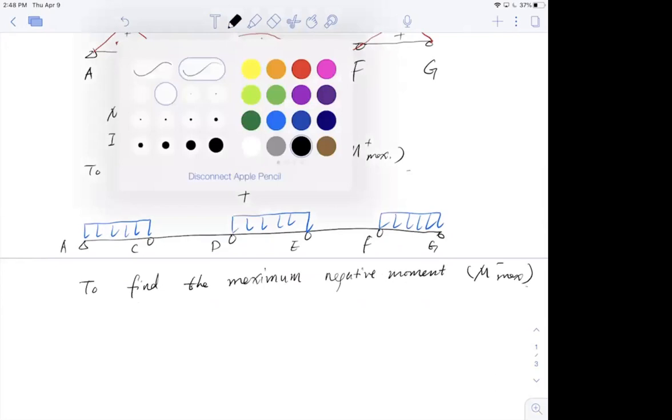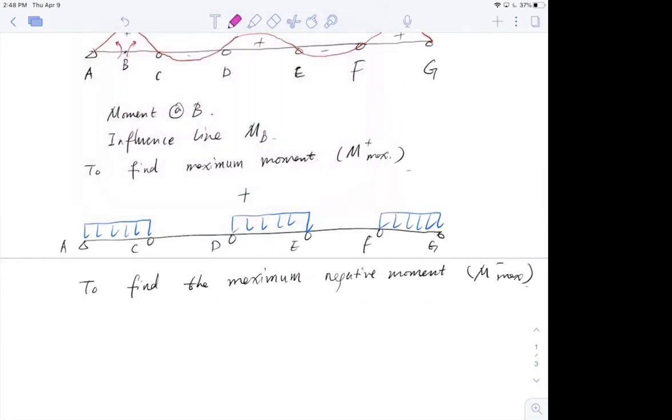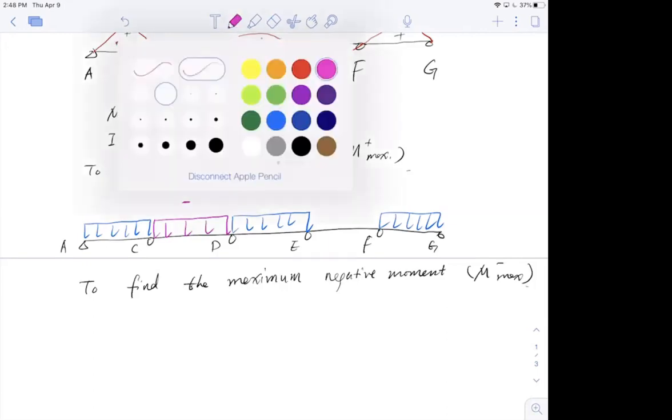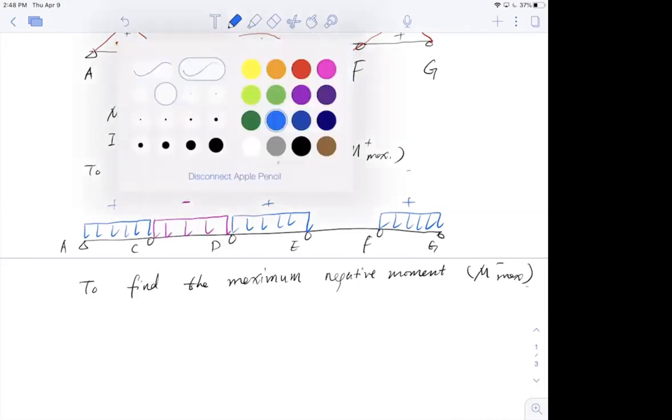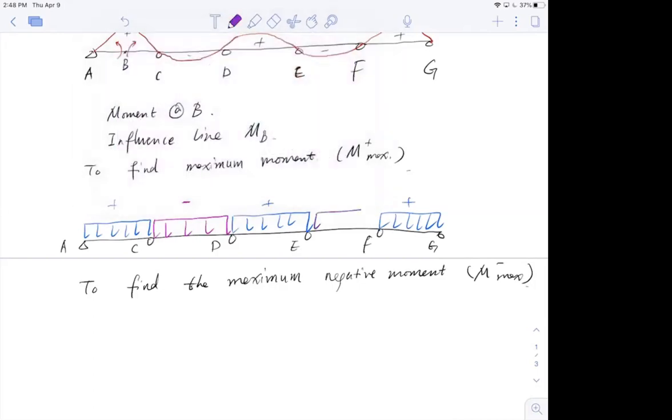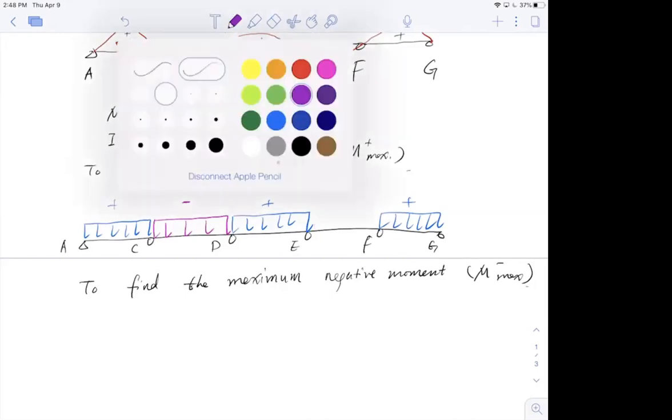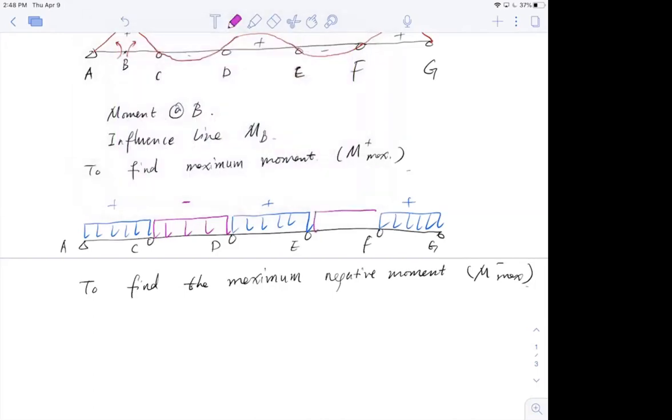I'm going to use a different color. So this is loading here. So this is positive. So this is negative. And this is positive, positive, positive. So pink here, I have negative, negative, negative.